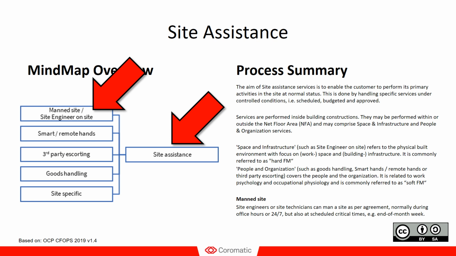Some customer organizations or site owners have the need for highly skilled and qualified technicians, which means that there would be site engineers specialized in different topics and knowing the technical designs of the site and so forth. Other customers or site owners have more need for a person on site that may not be so technically involved, but is able to escort third parties or validate simple technical alarms and so forth.